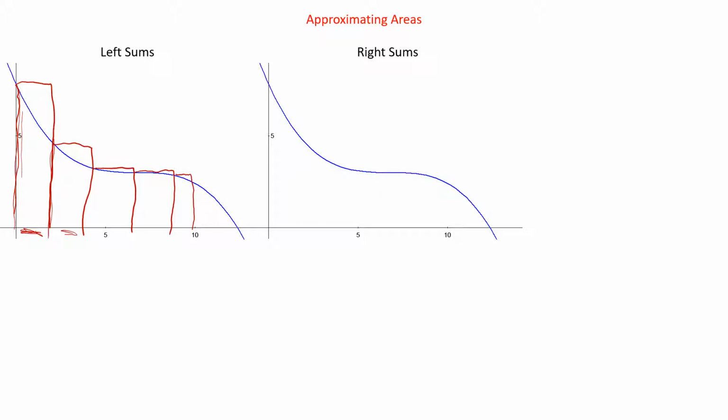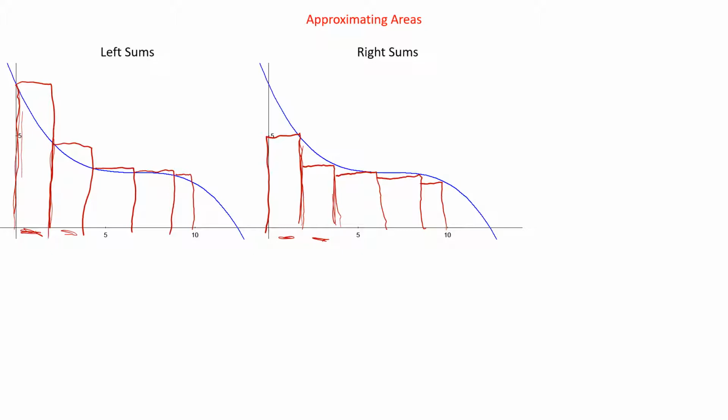So here, our first rectangle, you'd be up there, over and down, up there and over, and so on. And then the area, again, is the width times the height, plus the width times the height, plus width times the height, etc., etc.